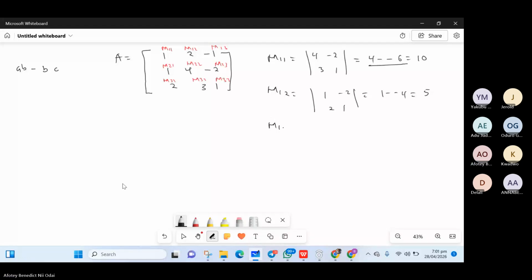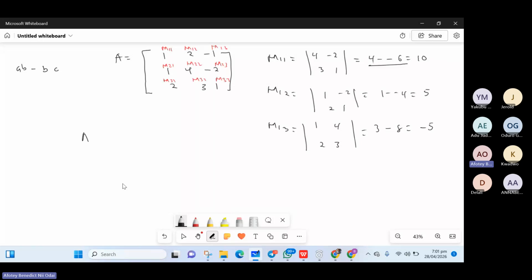A13 will be my final one. So negative, we get 1, 4, 2, 3. We get 3 minus 8. This gives us -5. So let me try and do this quickly so that we can move on a bit faster.